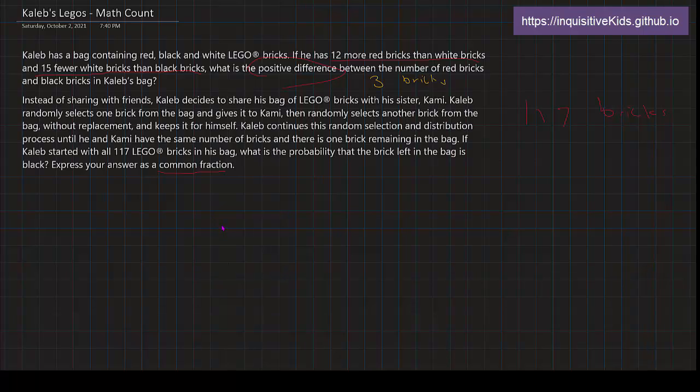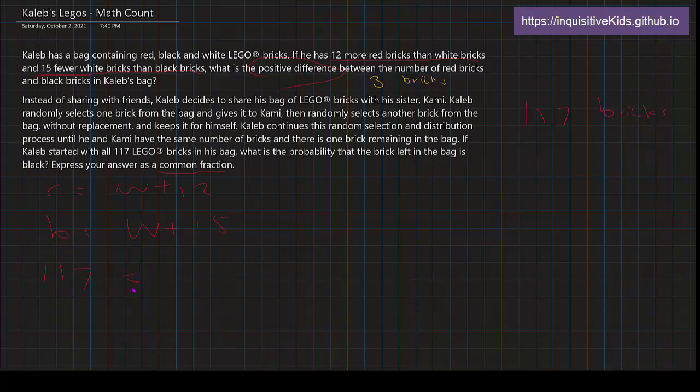We first have to find out how many red, how many black, and how many white there are, and then find the probability. Do you still remember? Red is W plus 12. Black is W plus 15. All of these variables added together equal 117.